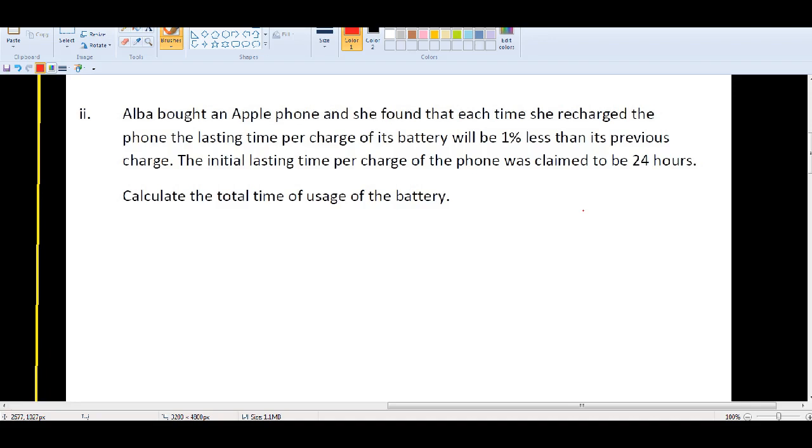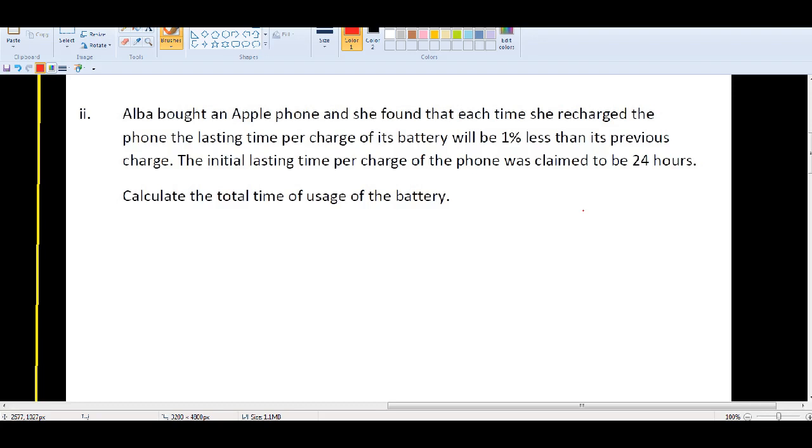Then after one or two years, you might find that you need to recharge the battery much more frequently than before. That means the lasting time per charge is much lower when it's getting old, right? So 1% less than the previous charge.